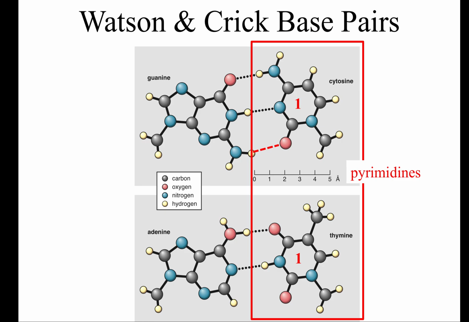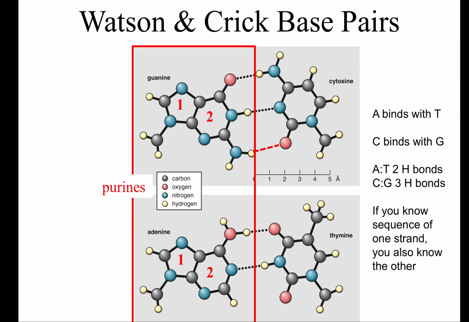So because there's 3 pyrimidines, and pyrimidines is a longer word, that's how I remember what's a pyrimidine and what's a purine. So pyrimidines, 3 bases are pyrimidines. Purines, 2 bases are purines. A and G are purines. C, U, and T are pyrimidines.